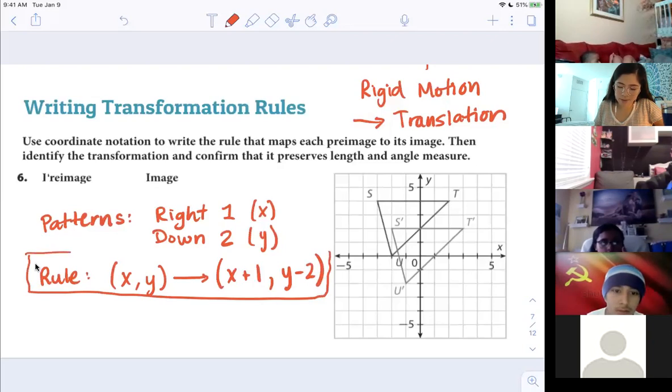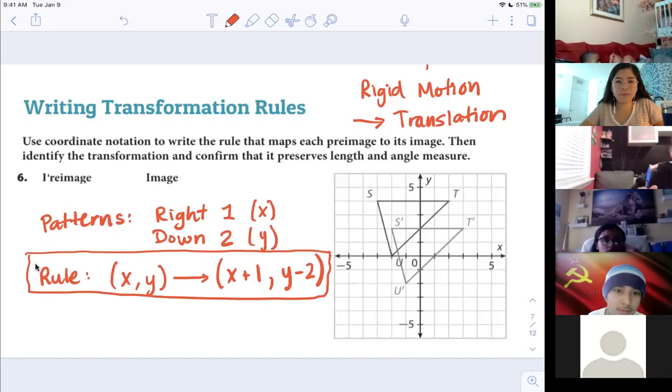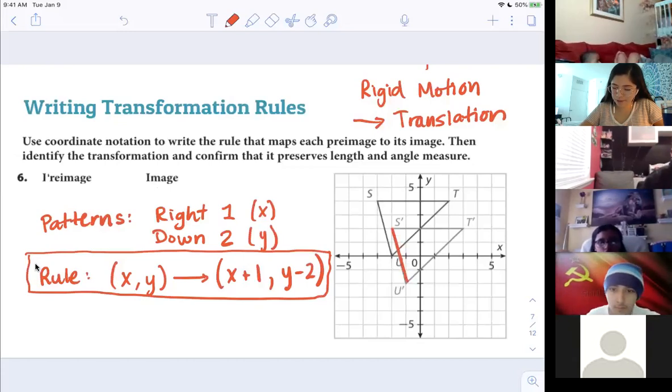Does it still confuse you all? And if it does, do you have any questions? Which one is the darker one? Which one is the preimage? Always look at the labels. So there's S, T, and U, and then S prime, U prime, T prime. So that's how you know when you see the primes, that's your image.